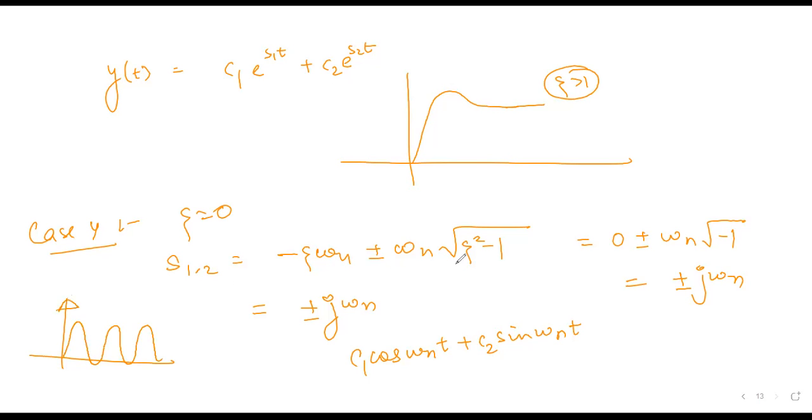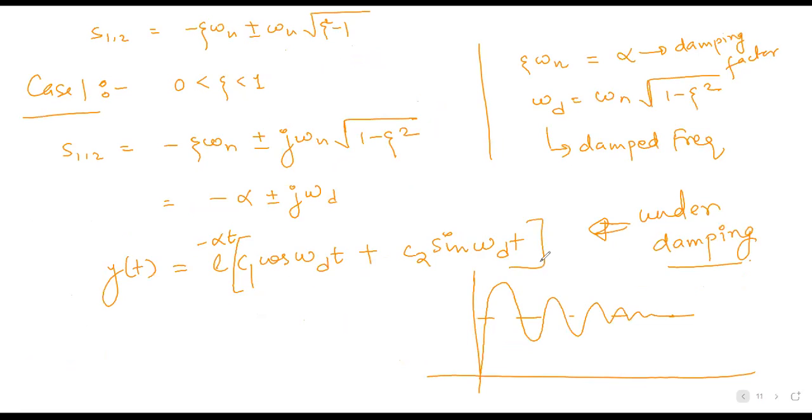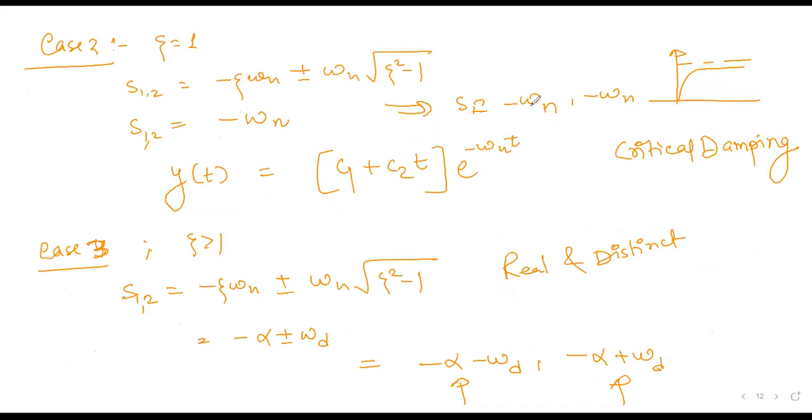And how will you define the pole location? For underdamping, you have complex poles, so when you plot it, you will have this kind of plot. For case 2, you have real and equal roots, so you will have this kind of pole location.